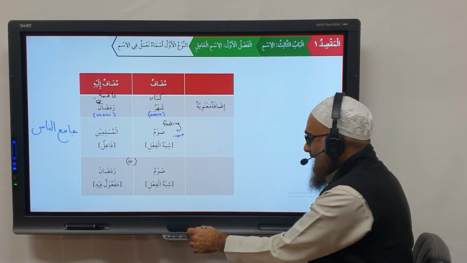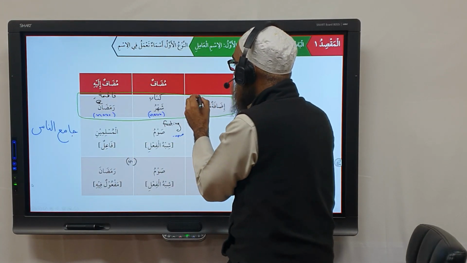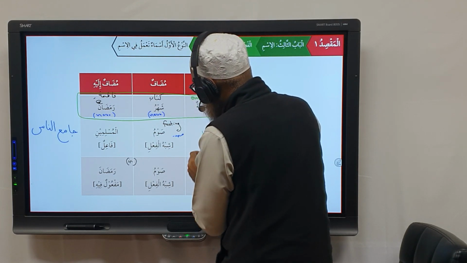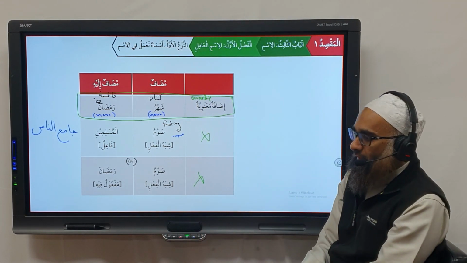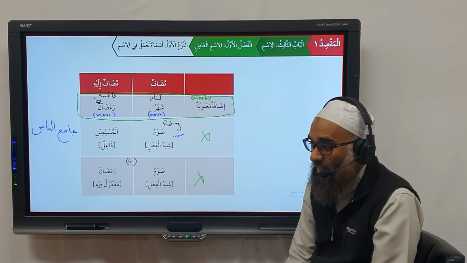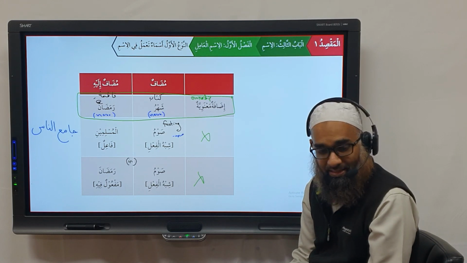Do you understand? So if you look at it here, the first one has the meaning of idafa. Do the second two have the meaning of idafa, that it shows ownership, that the jami' is owned by the nas? That doesn't even make sense because jami' is not even a thing. It's a verb more or less in terms of meaning. Sawm is a masdar, fasting.